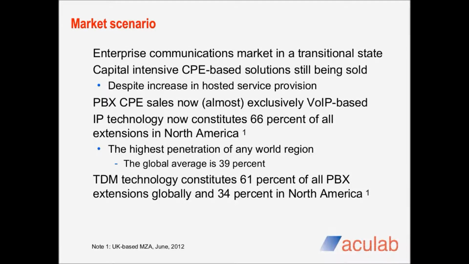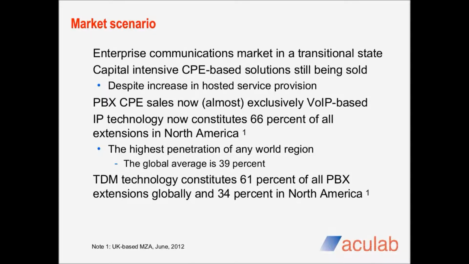It's been quite a while now since sales of IP-based PBXs eclipsed those of TDM-based units. And it's a fact that PBX sales are now almost exclusively VoIP-based. But you can see from the figures that there will be a need for that 66%, those IP-based extensions, to connect to the PSTN from time to time.